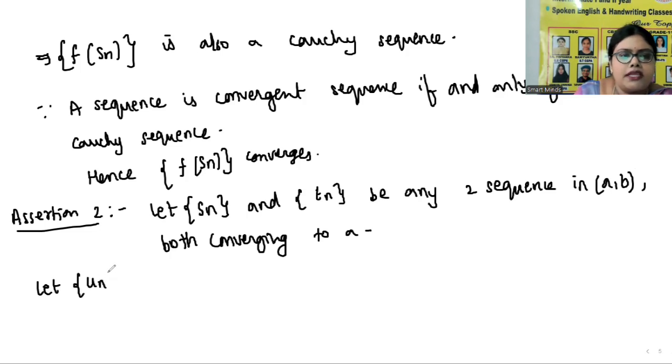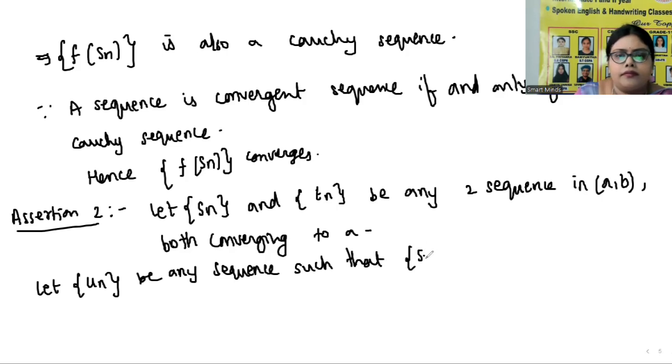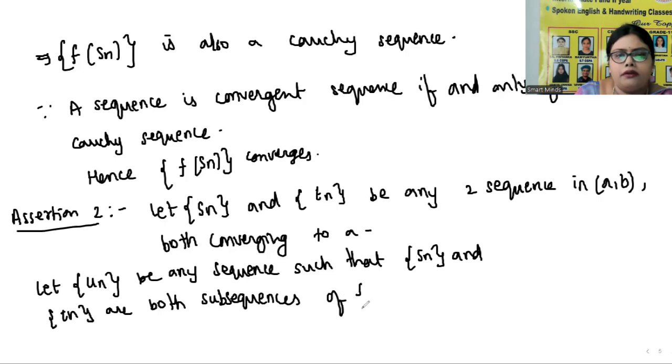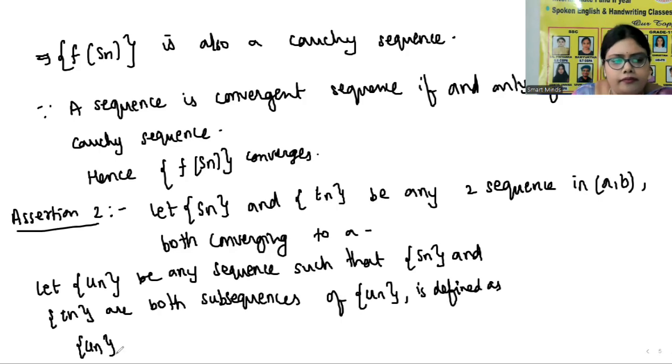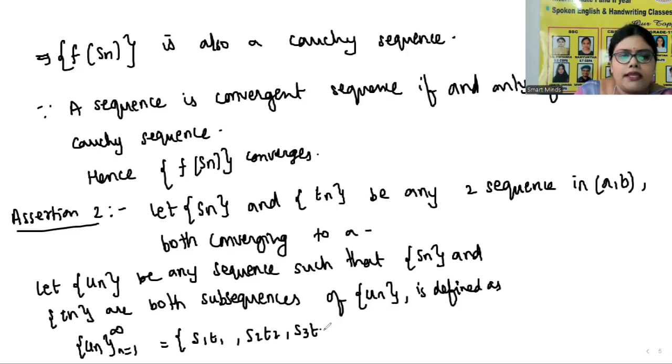Now let un be any sequence such that Sn and Tn are both subsequences of un, defined as un for n from 1 to infinity is equal to S1, T1, S2, T2, S3, T3, so on.